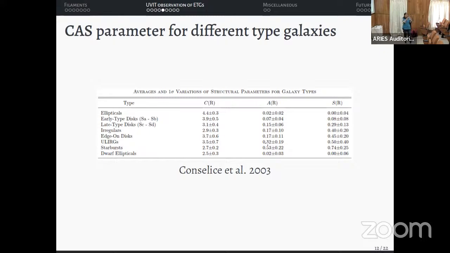Its profile is very smooth. Whereas for the late type galaxies, the concentration is slightly lower. Asymmetry begins to increase, and clumpiness also begins to increase because there's star formation going on. So these are all the optical parameters, and you can reproduce them anytime.